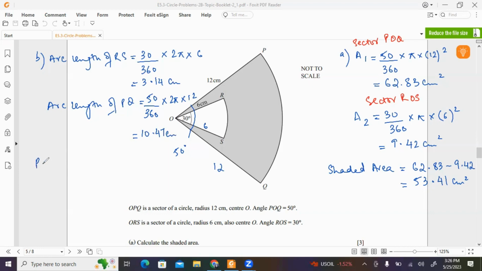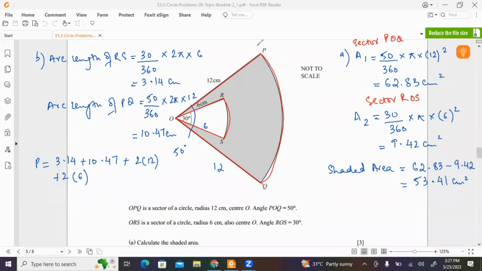So perimeter in this case will be 3.14 plus 10.47 plus 2 times 12 and plus 2 times 6. Because if I highlight the boundary, that is this, this, then this, and this, and then lastly, your arcs.